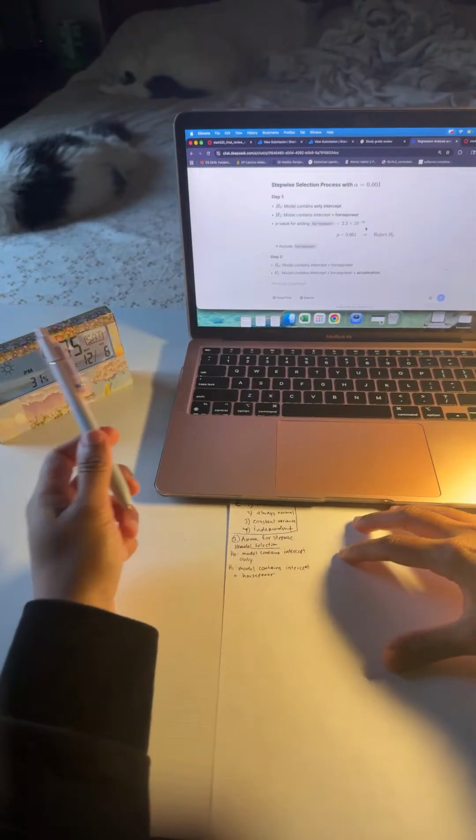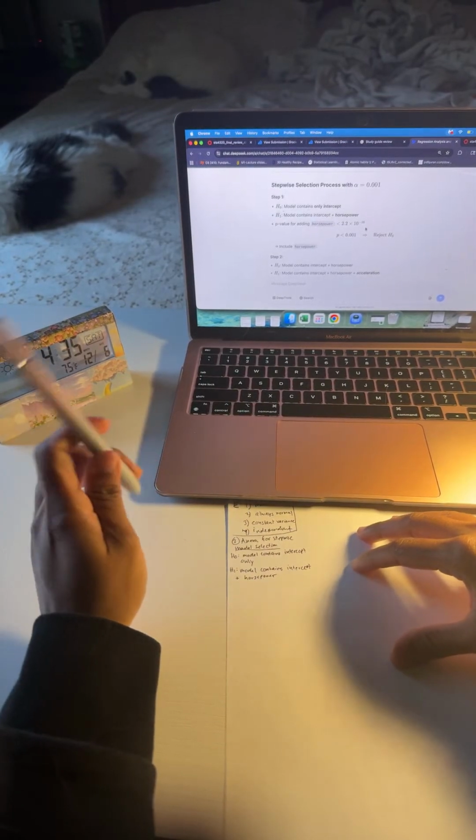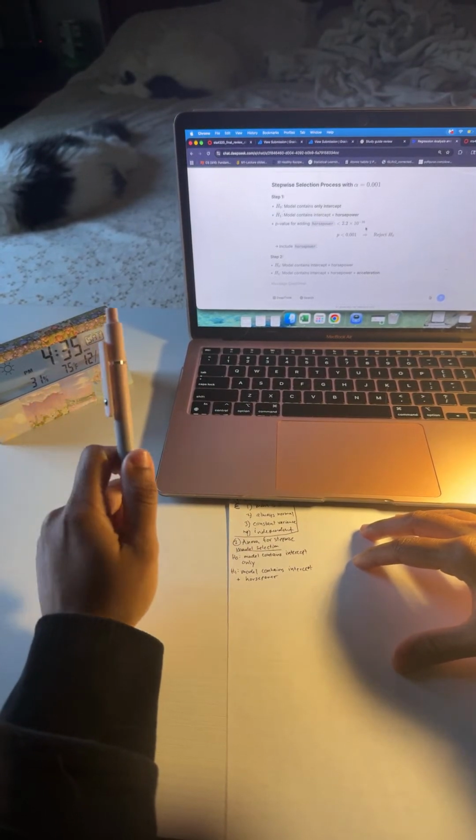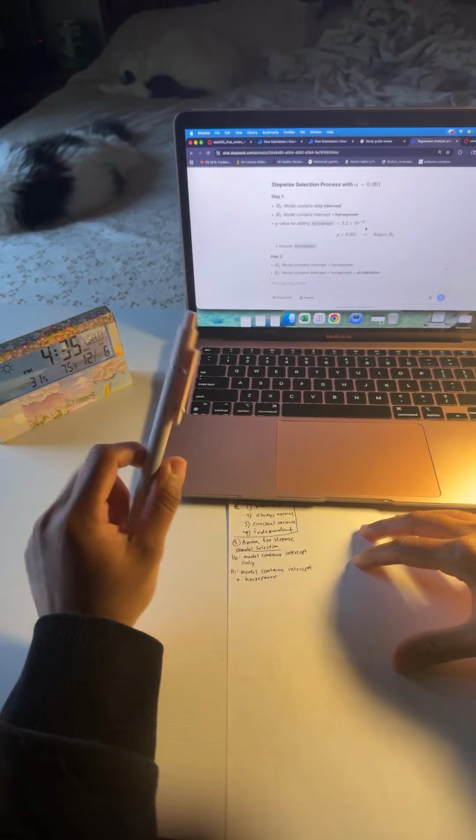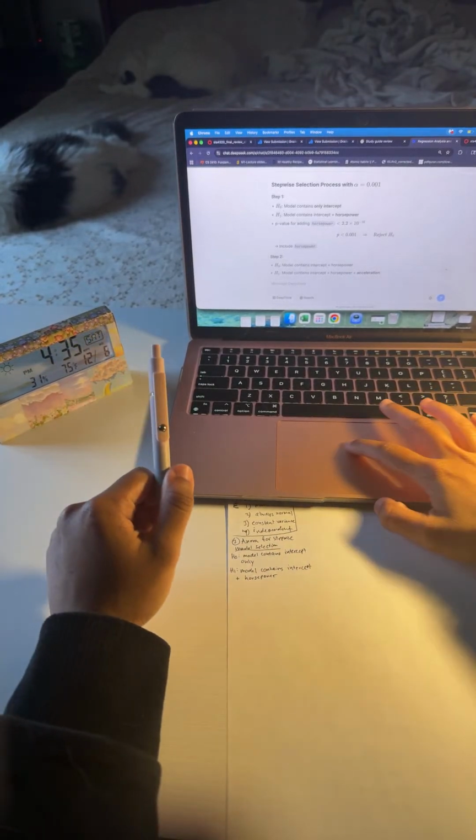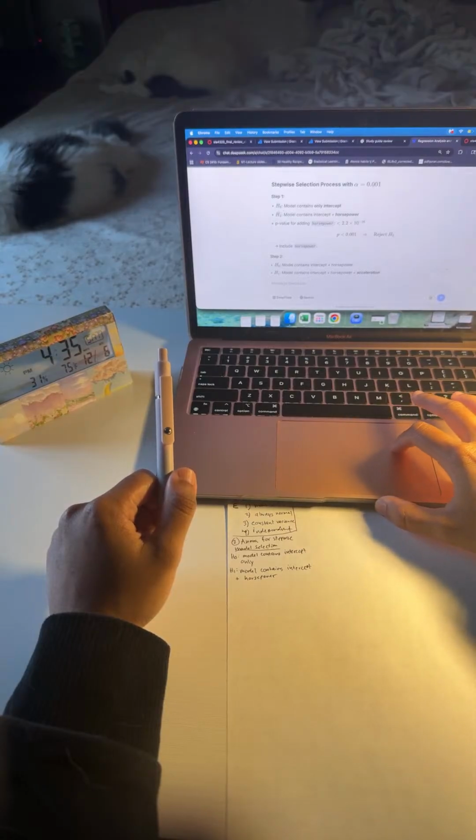Okay, so H0 is our first hypothesis. It contains intercept only, and then hypothesis 1 model contains intercept plus horsepower.